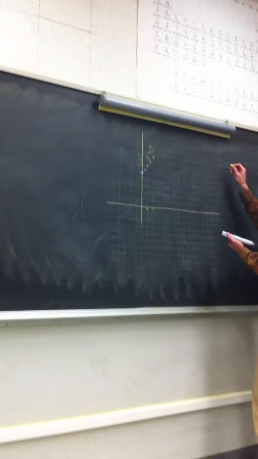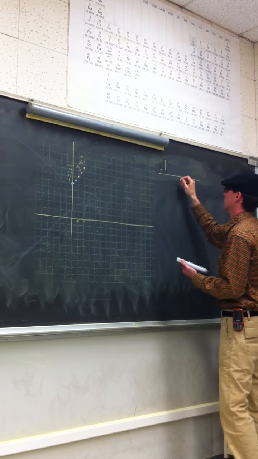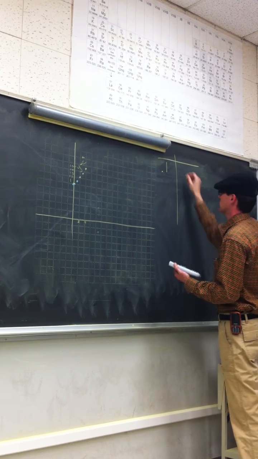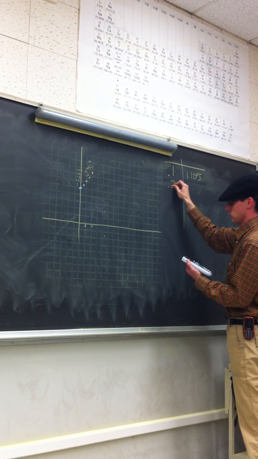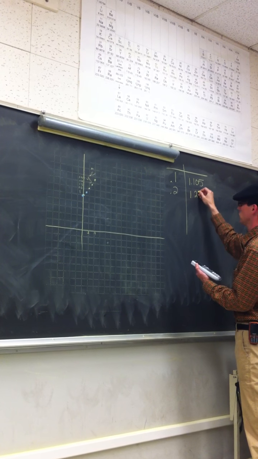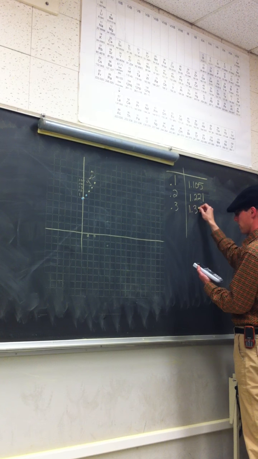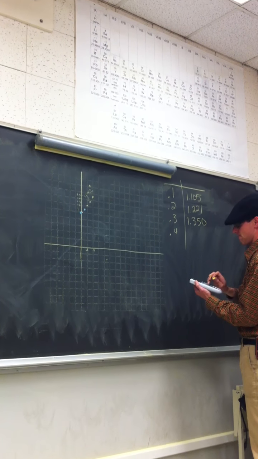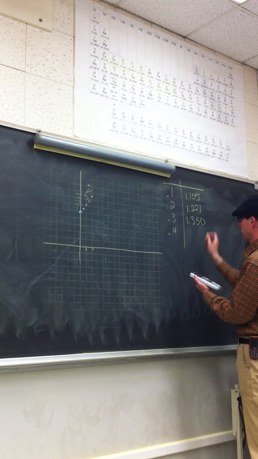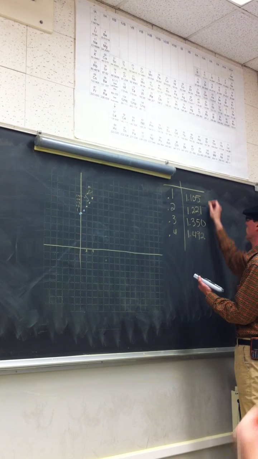this was actually, let's see how I want to do this, at 0.1, I got 1.105, and at 0.2, I got 1.221, and at 0.3, 1.350 if you round, at 0.4, one more, there it is, 1.492.